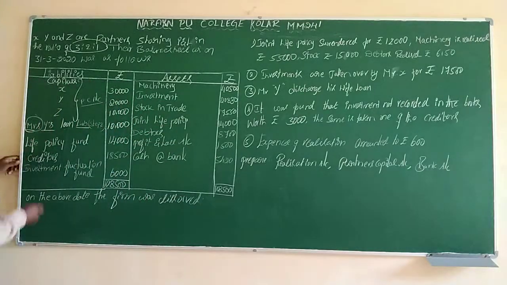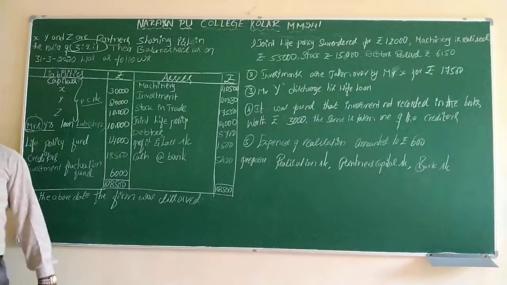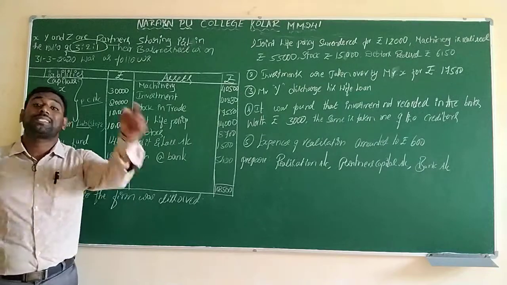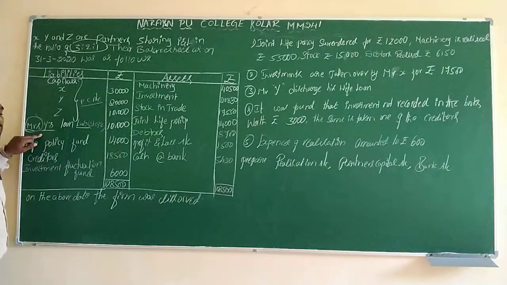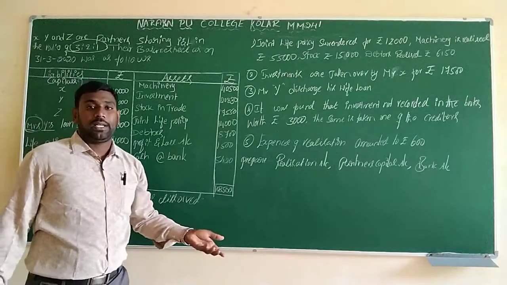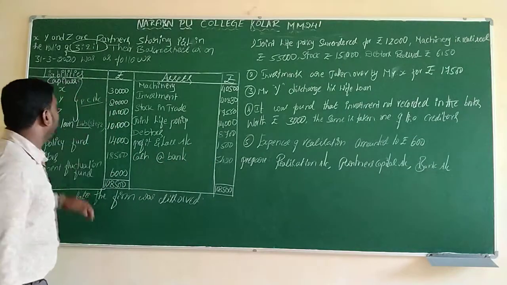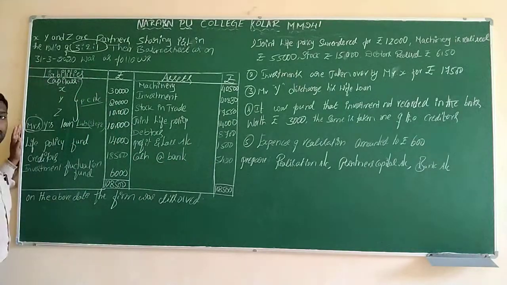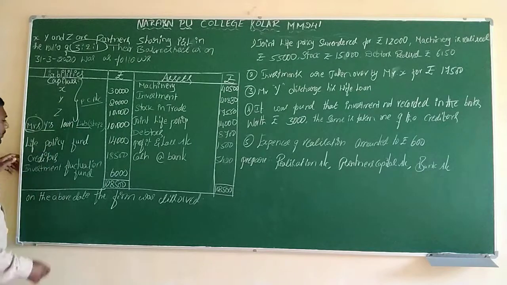Apart from the partner's name, if any other name is given, it is a liability. If it is in the name of the partner, it is not considered a liability.